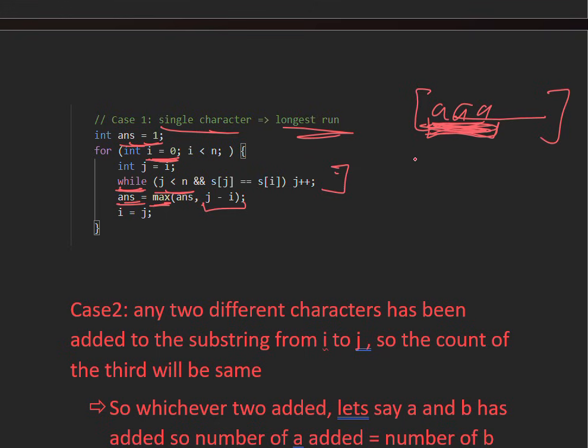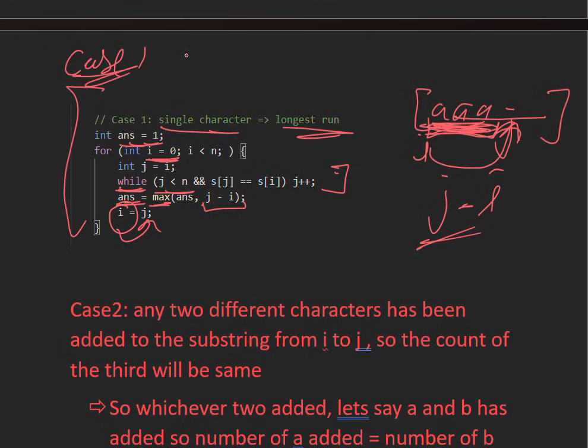Suppose this is i and this is j, so length is j minus i, and then we increase our i to j, like we'll check from this index. So this is the case 1 where only a single character is added after index i.